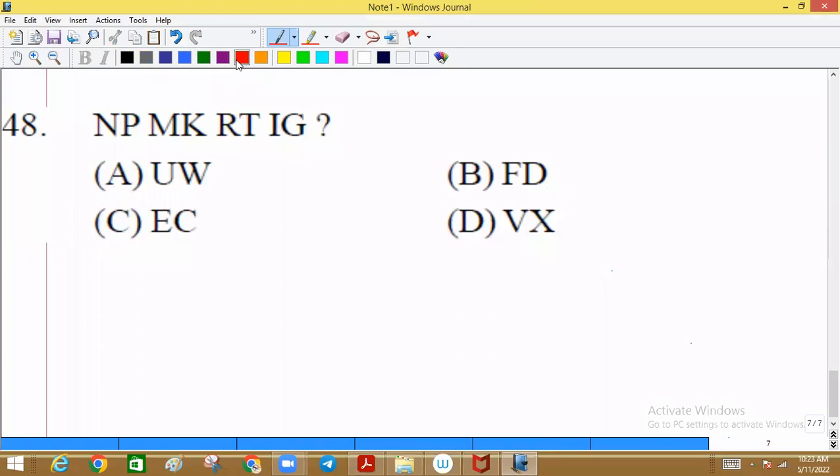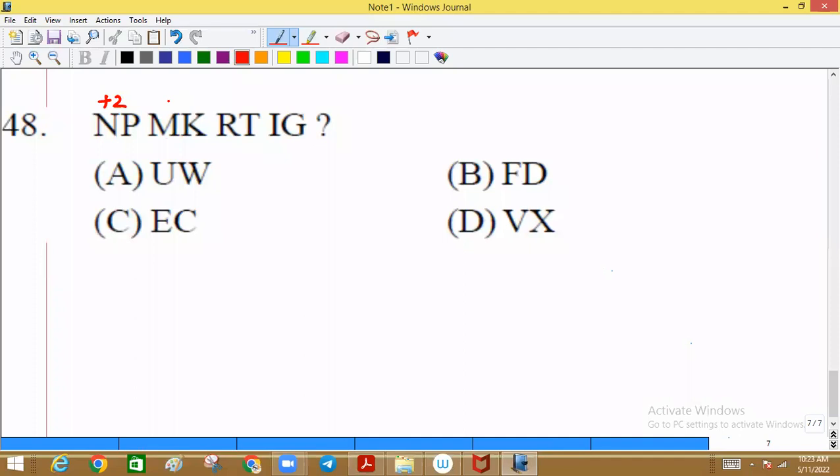What is the answer? Why not D? If you take a difference like this, for example, N to P, it is increasing by plus 2.